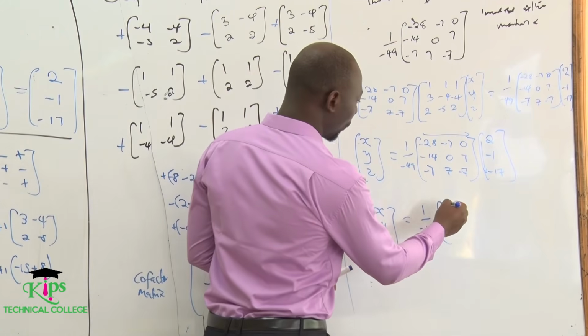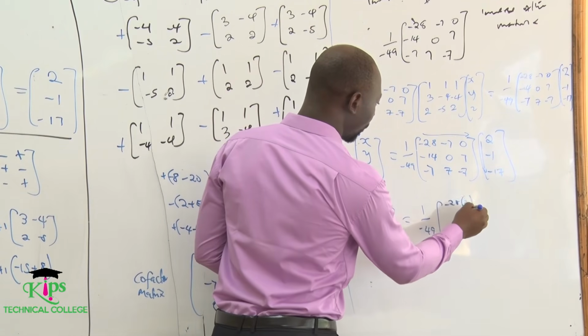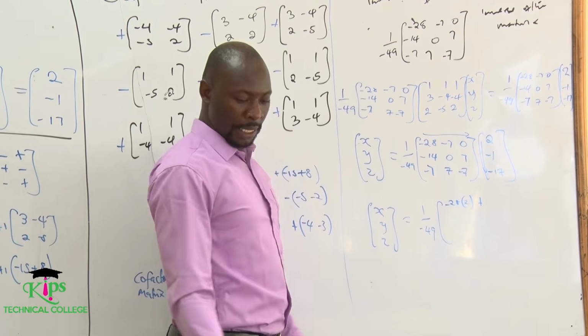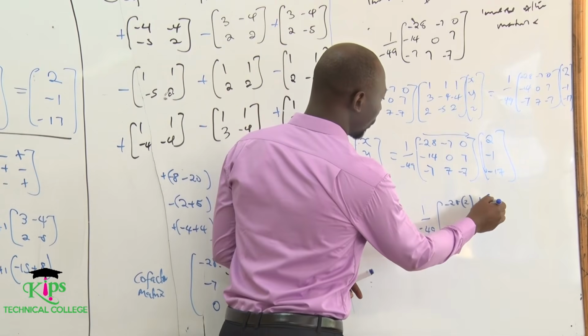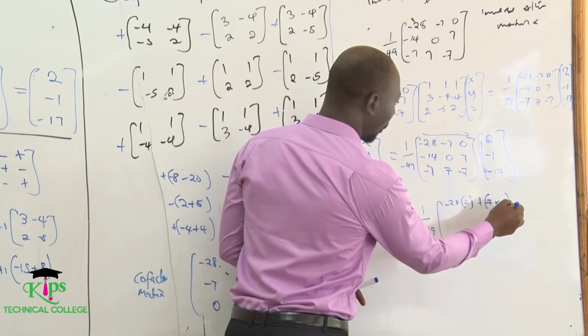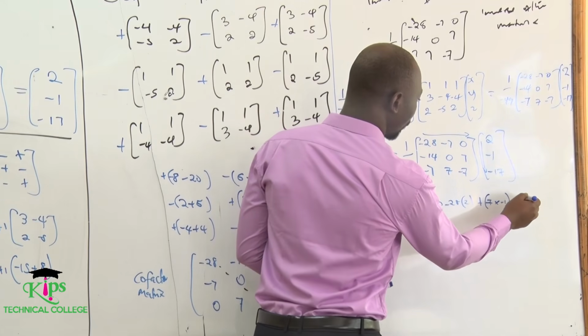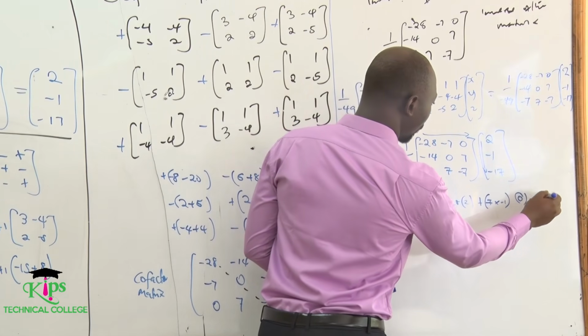You get negative 28 into 2 plus negative 7 by negative 1, then 0 by negative 17.